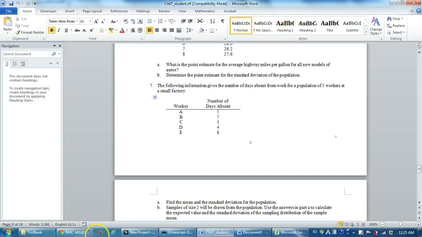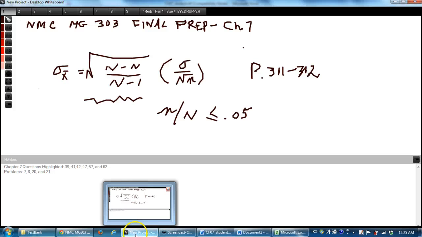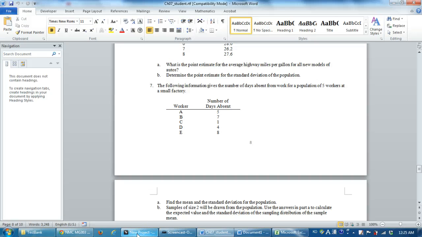And the first one, chapter question number 7, as I illustrated, I'd like to highlight the question 7, 8, 20, 21 for the final exam this coming Thursday night, 4 o'clock actually.